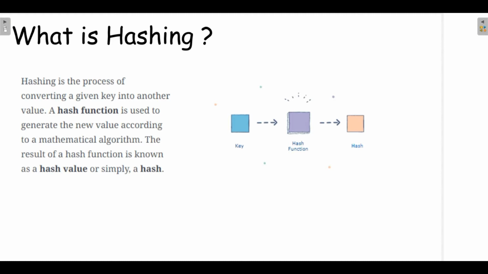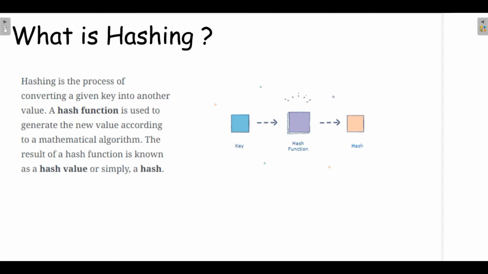So the first important question is, what is hashing? Hashing is the process of converting a given key into another value. A hash function is used to generate the new value according to a mathematical algorithm that has been passed to it. So there is an algorithm that generates a particular value for a particular key.